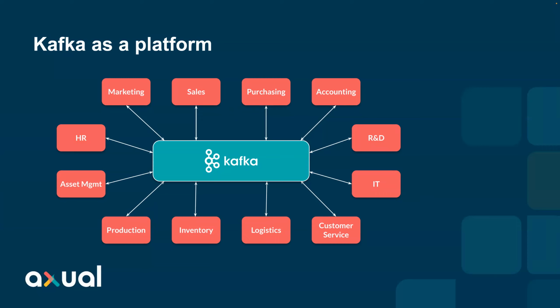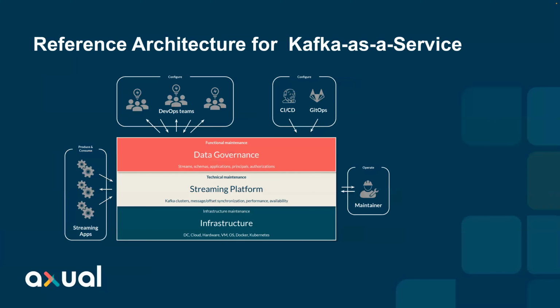But to implement a platform like this, you need to take care of a few things. Typically, you need to still have that streaming platform in place, but especially you need to have data governance on top, which enables all of the teams to do their own thing. Just to peel this off a little bit, the infrastructure is generic cloud or on-prem infrastructure, I would say, nothing too typical about that.